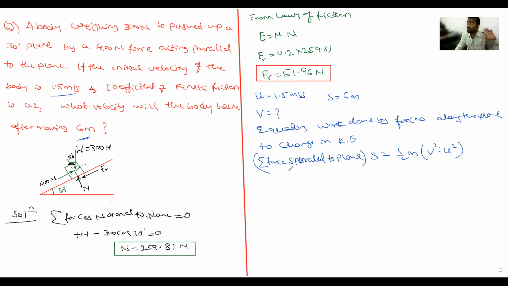What are the forces which are parallel to the plane? Now coming to the 400 moving along the direction. Plus or minus? Plus. Plus 400. Next, friction is minus 51.96. Then weight is 300 sin 30 degree, so minus 300 sin 30 degree.